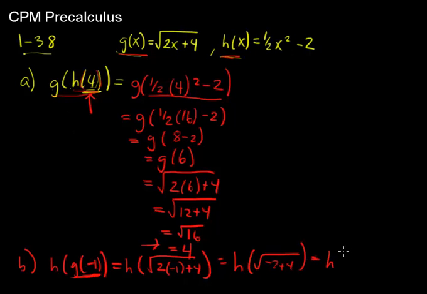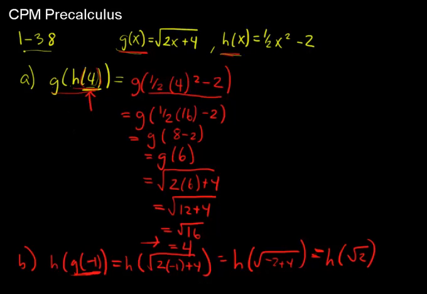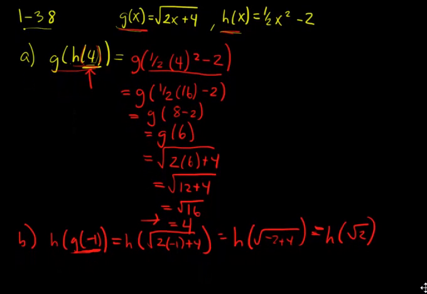That's equal to h of square root of 2. And now I want to plug in h with input of square root of 2. So that's equal to, now I look at h, wherever I see an x, I'm going to replace that here.